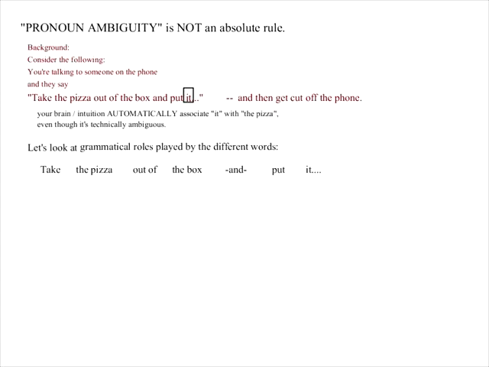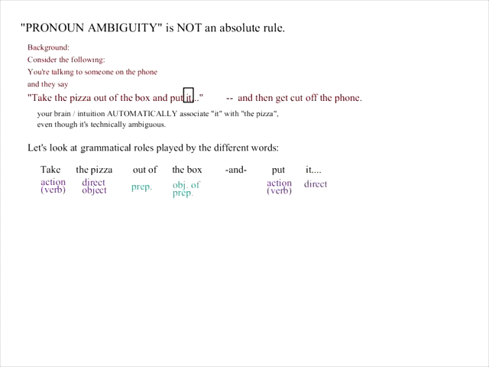Okay, so if we look at what these things are doing in a sentence, a couple of you have nailed this. Okay, take is an action. This is an action verb. And then the pizza is a direct object. And then as a couple of you have pointed out, accurately enough, this is a preposition. And this is an object of that preposition. But then if you take a look at the second clause, we have another action verb.